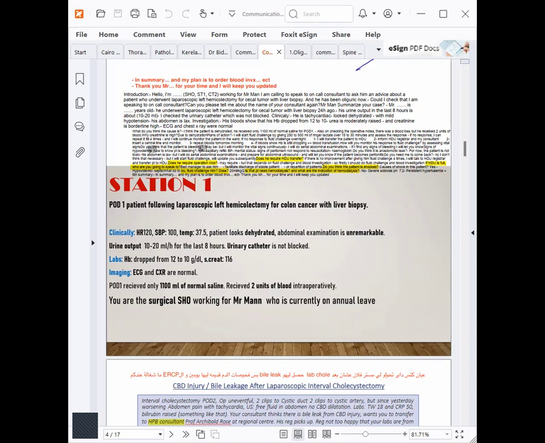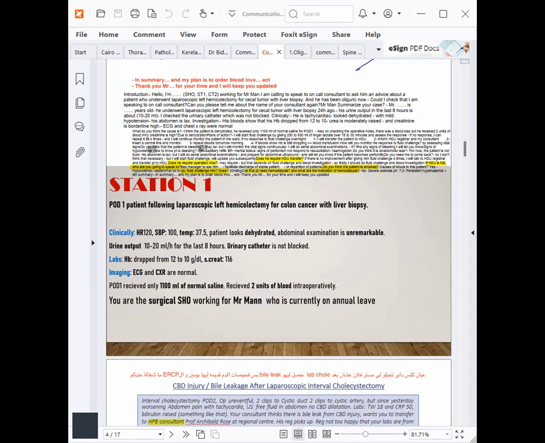Do you think he has an anastomotic leak? No, his abdomen is lax and he is not toxic. So you did an abdominal examination? Yes. Will you repeat the abdominal examination or not?